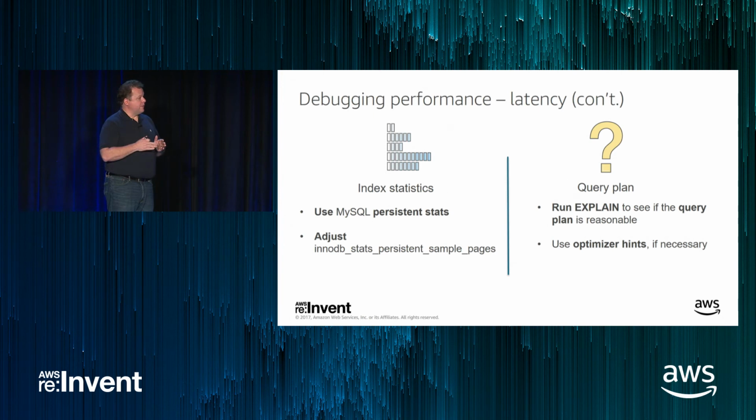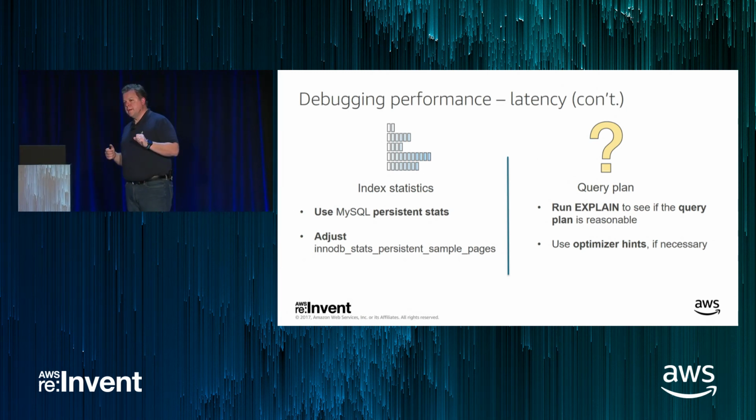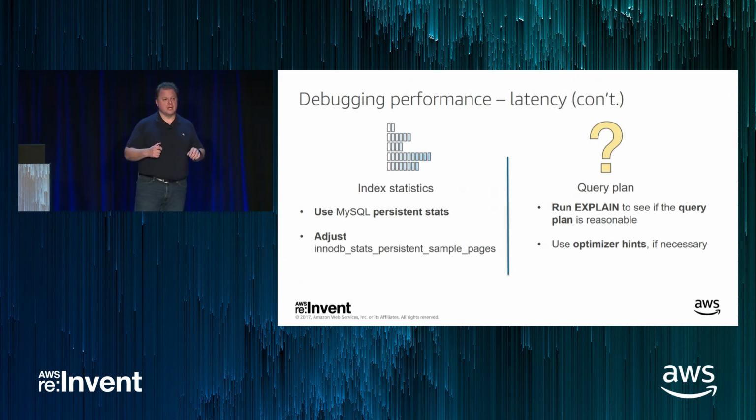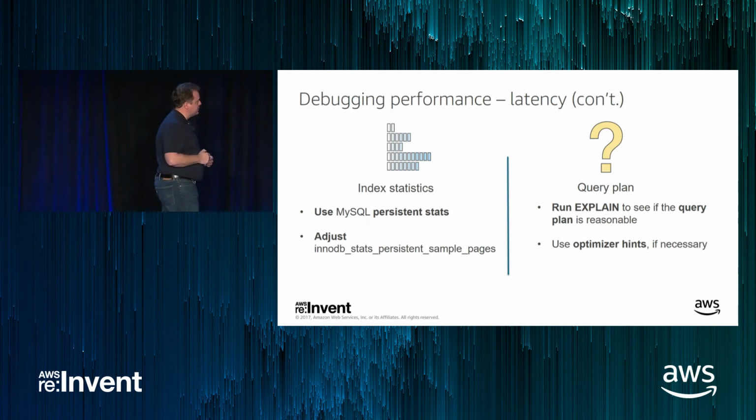If you have a 5 terabyte table, then those 20 pages may not be very representative of the actual data in that table. And so you want to play around with that number a little bit, but don't be afraid to dial that up from its default of 20 so that you can get what you feel is an adequate representation of the data that's in your actual tables.